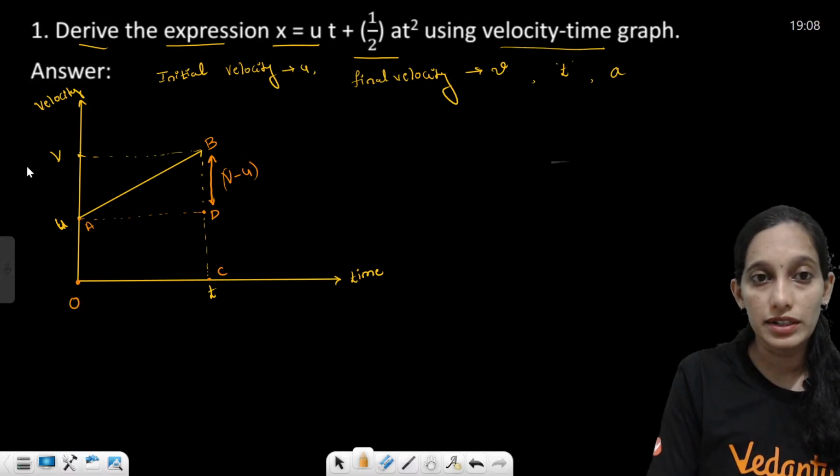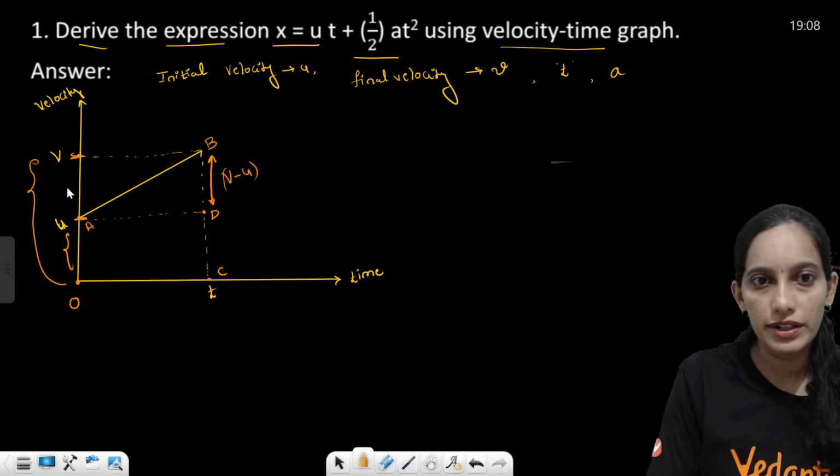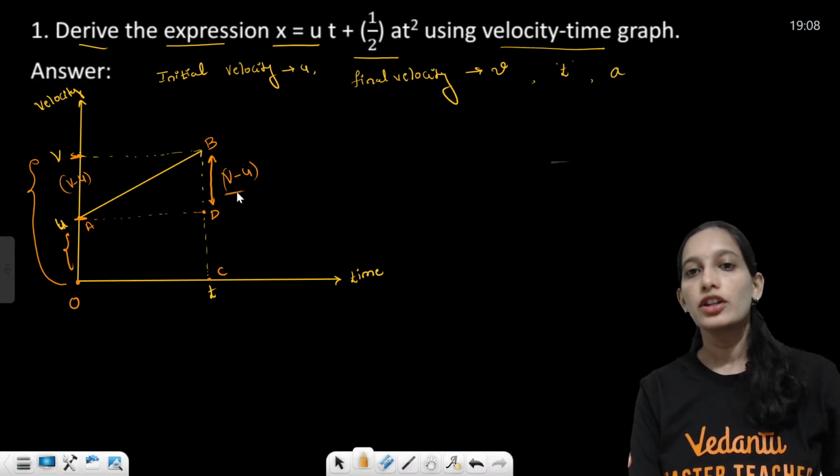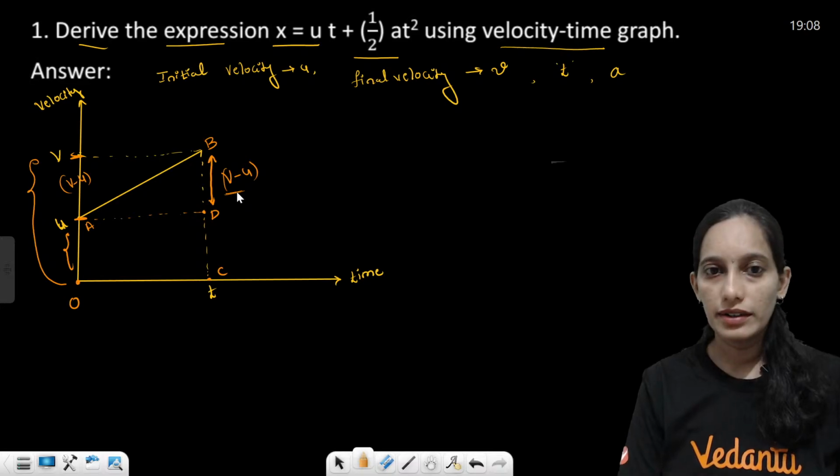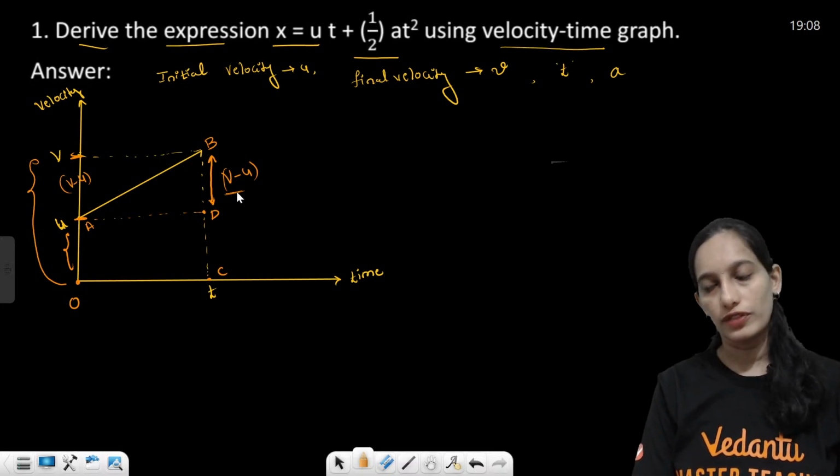From here to here it is v, from here to here it is u. So the distance from this point to this point will be v minus u. The same I'm writing here. So this should be the graph which you are supposed to draw first.